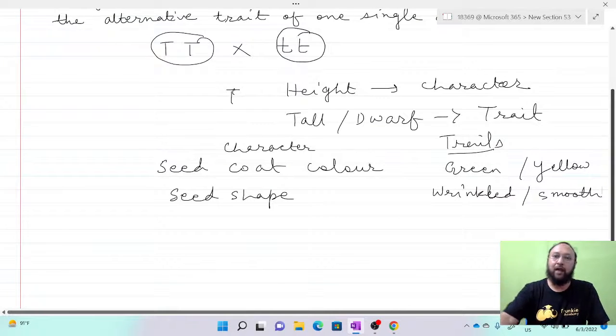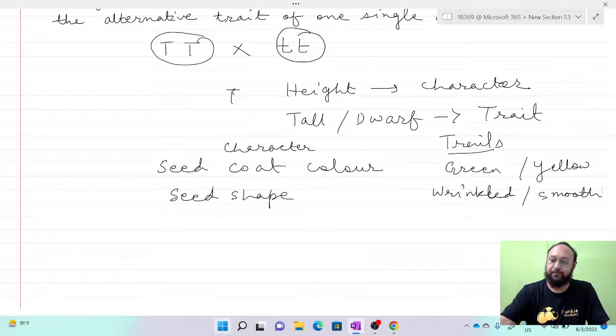Now that I have told you this in the background, we will go into detail of these crosses, studying Mendel and his work on inheritance.